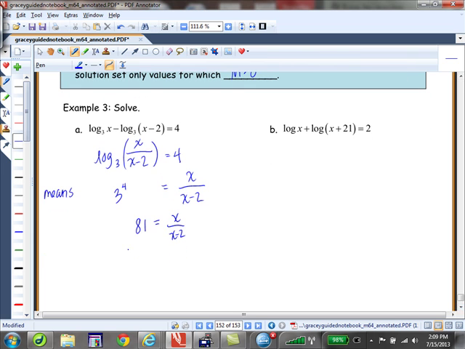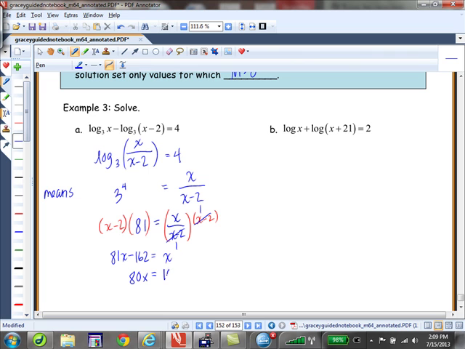So then, multiplying both sides by x minus 2, this side will divide out, and we will get 81x minus 162 is equal to x. Subtracting x from both sides, we get 80x.